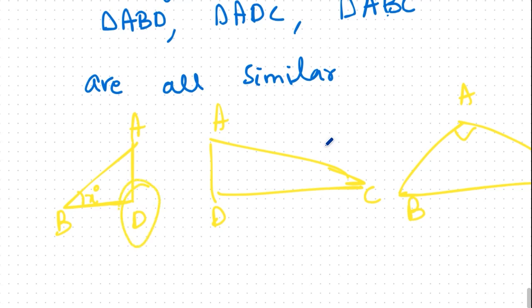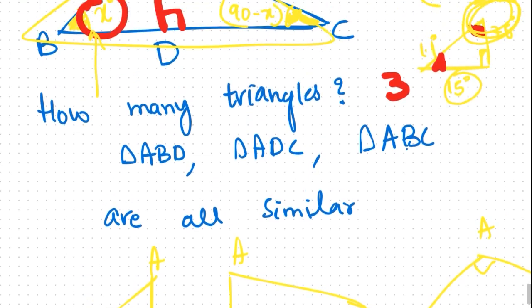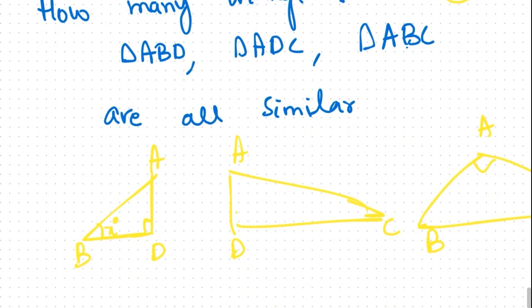How much was angle D here? 90 degrees. Can you guess how much will be this angle? 90 minus x.